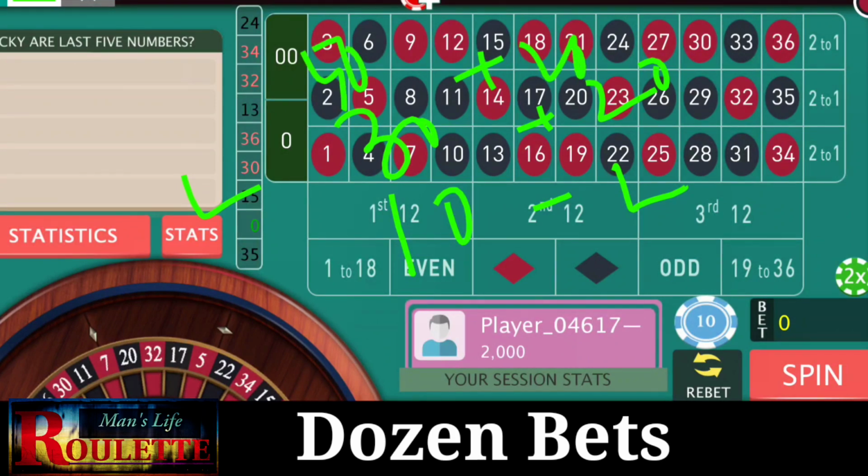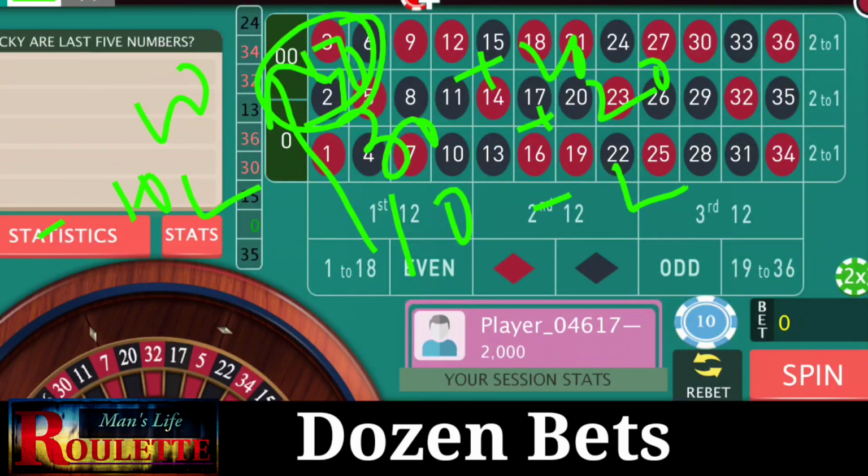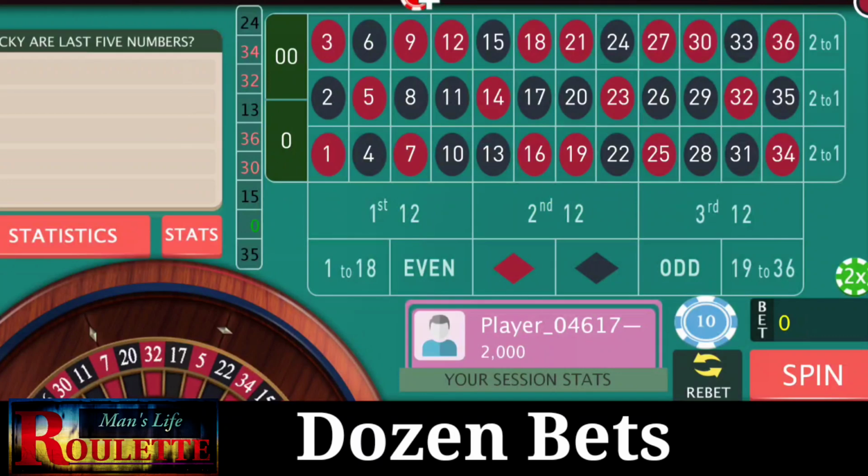In this way, you have to increase your bets. And suppose you win with this $50 bet, then your next bet should be minus 10. That means $40. In this way, you increase by 2 times of your initial bet, and you reduce in your winning spin by just 1 time of your initial bet.